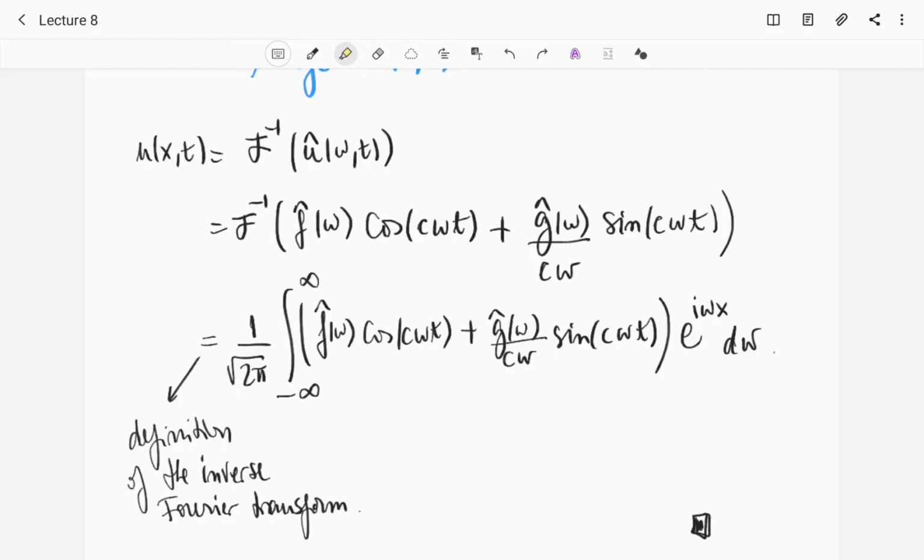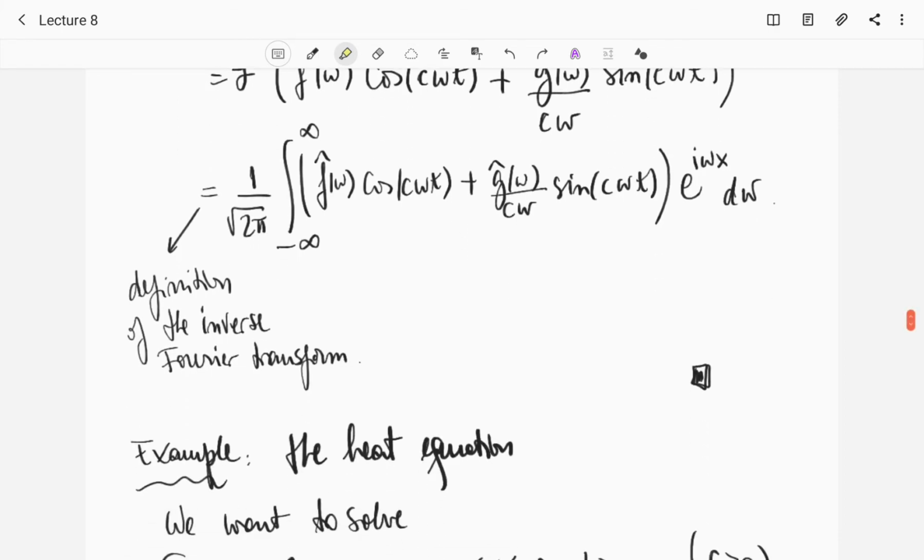In the second step, I solved this ODE and found the Fourier transform of u, but I don't really want the Fourier transform of u. This was just to be able to solve the partial differential equation. So the third step is to anti-transform this Fourier transform of u to get the real u. And again, we just use the definition of the inverse Fourier transform. Okay, that was the wave equation.